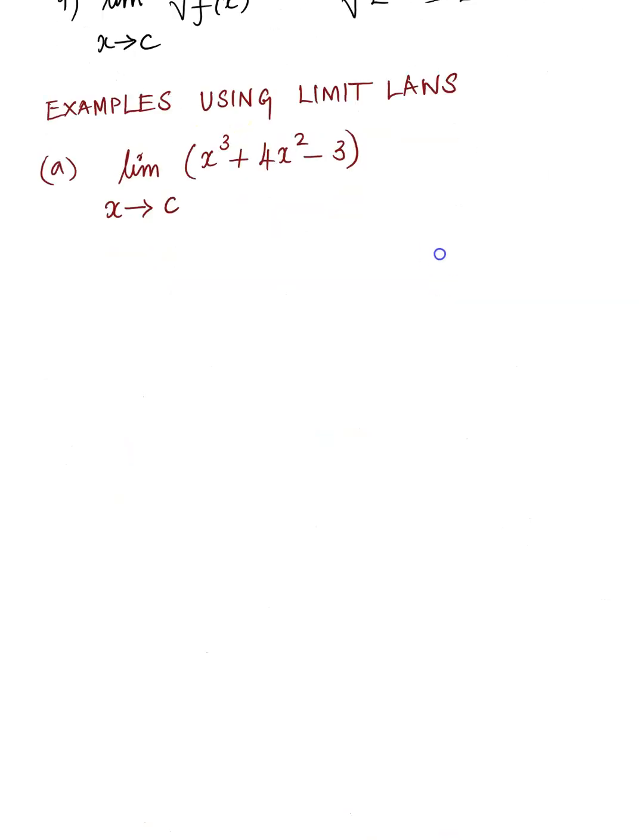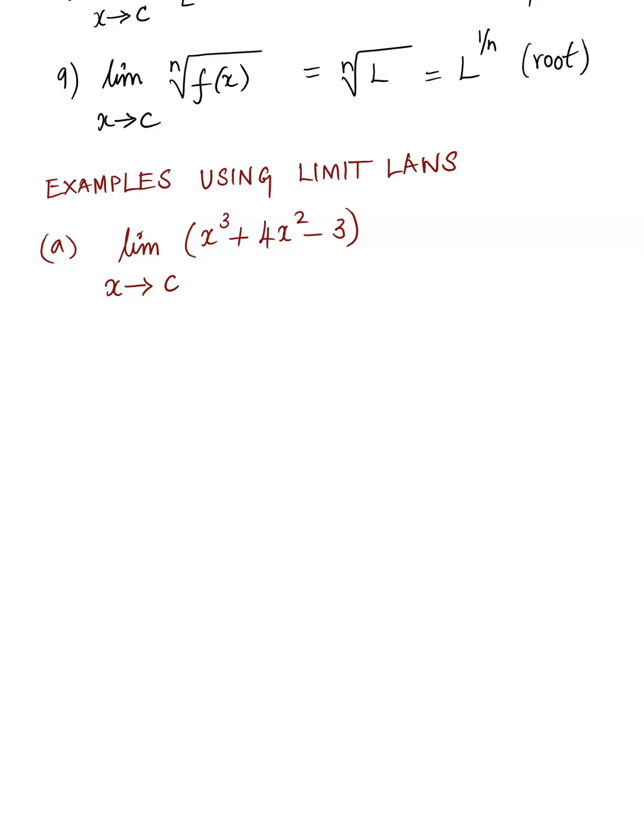Right? So I'm going to show the rules applied in the nitty-gritty of it, and then eventually we will be able to do them without having to show all those steps. But we're just beginning to learn about this. So I would like you to not miss a step. So the limit of x cubed as x approaches c, plus. So don't think distribution, because that is a property.